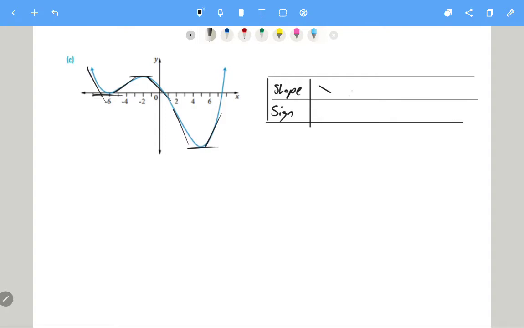So it starts off negative, then flat, then positive, then flat, then negative, then flat, and then positive. For each of these, we're going to put in a different sign. This is negative, that's 0, that is positive, that is 0, that is negative, that is 0, and that is positive. Alrighty, so there's our table complete, and now we've just got to match that on our gradient graph.